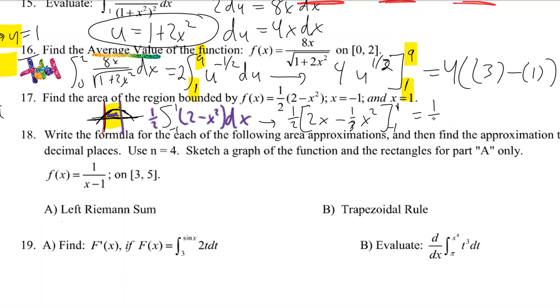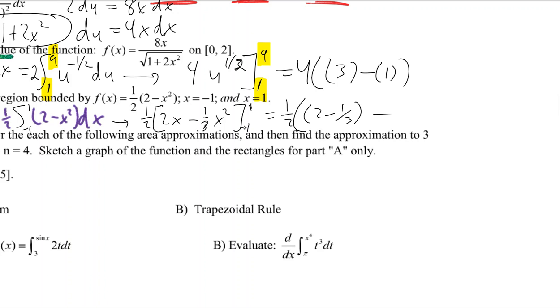So you should plug in 1 the first time, and you're going to get 2 minus 1/3. Then you're going to plug in -1 and get -2 minus 1/3. And then we need to be careful with our arithmetic here, but then we should be on our way.